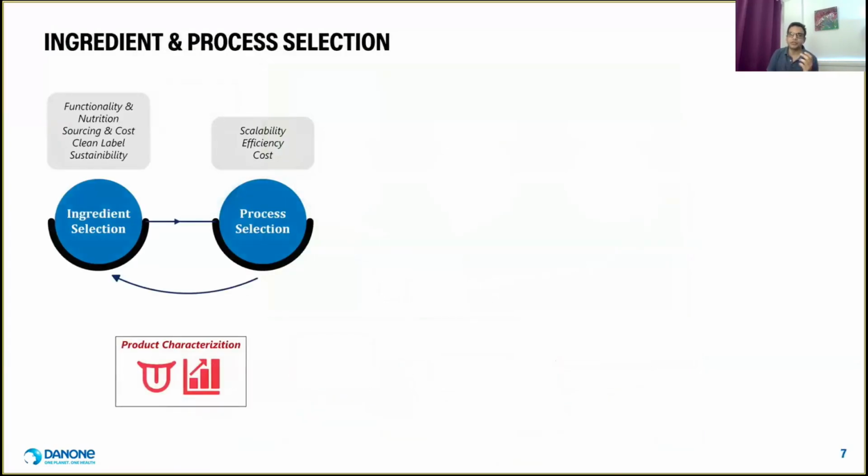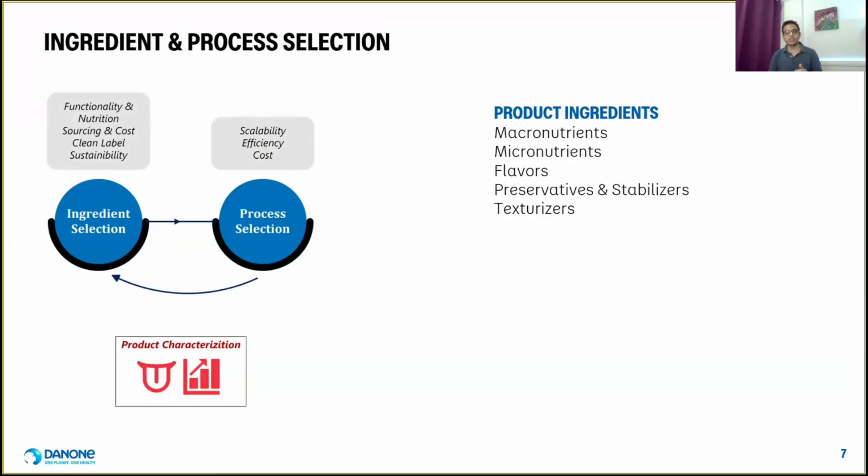When we focus only on ingredients and process, what we are focusing on is macro and micronutrients. Of course, they need to be part of the product, but the product needs to taste good. And of course, I've just discussed the shelf life part. Then there will be preservatives and stabilizers, and then there are texturizers, which help make the product more processable when it is going through the plant.